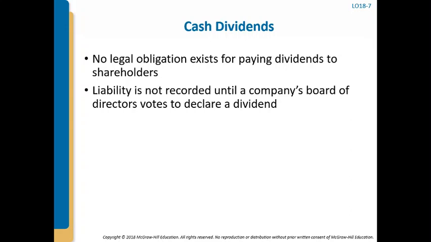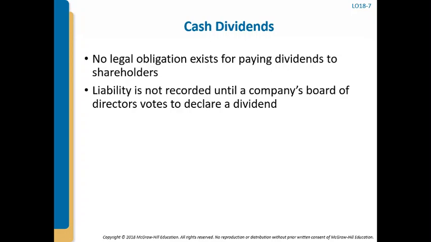Now, the normal type of dividend you'll see are what's called cash dividends. Corporations have no legal obligations to pay dividends to shareholders, but as a regular practice, most corporations do have a policy of declaring regular dividends because shareholders expect it.